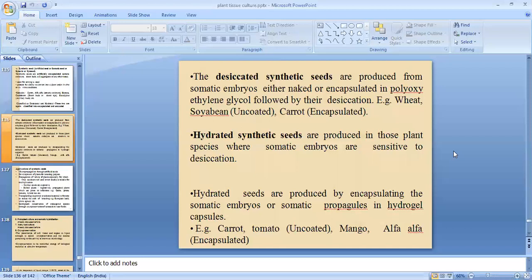So these hydrated seeds are produced by encapsulating the somatic embryos or somatic propagules in hydrogel. Directly, these cells are covered by hydrogels. Examples: carrot and tomato, where uncoated hydrogels are produced; mango and alfalfa, where encapsulated hydrogels are produced. So those are the different types of synthetic seeds, the desiccated ones and the hydrated seeds.